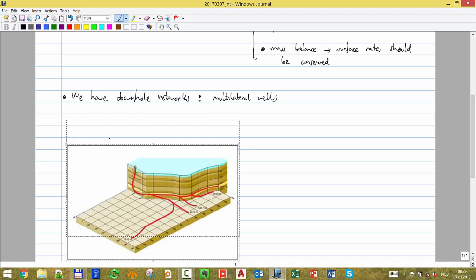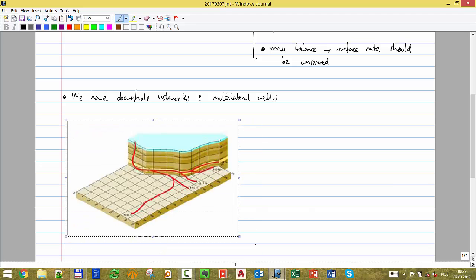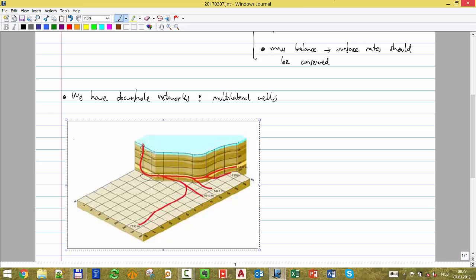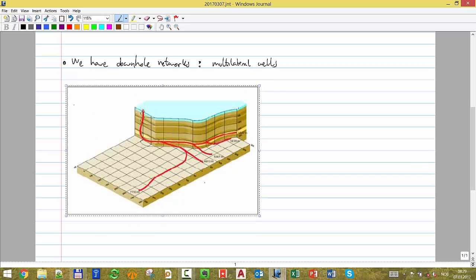For some reason we want to use the same wellbore, maybe to avoid drilling, because here we will need to reach all of these parts of the formation. We will need 1, 2, 3, 4, and 5. So from the same wellbore, I sidetrack and try to reach different parts. That's what I call a multilateral.